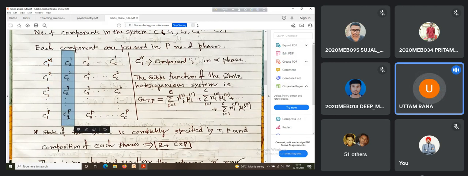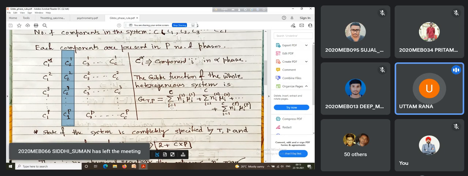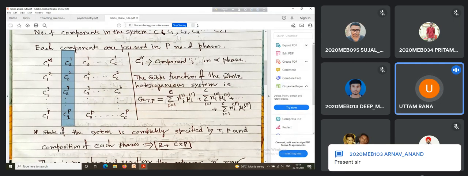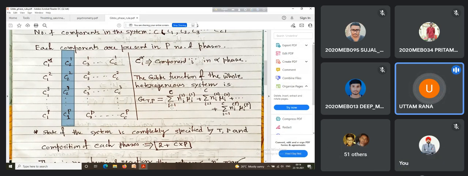So how many phase-component combinations are there? C into P number of phase and component combinations. Now, if we want to specify the state of such a system, for a pure substance we know we require a temperature and pressure. That comes from our basic considerations of the simple compressible substance we have studied. We need at least temperature and pressure to be specified.